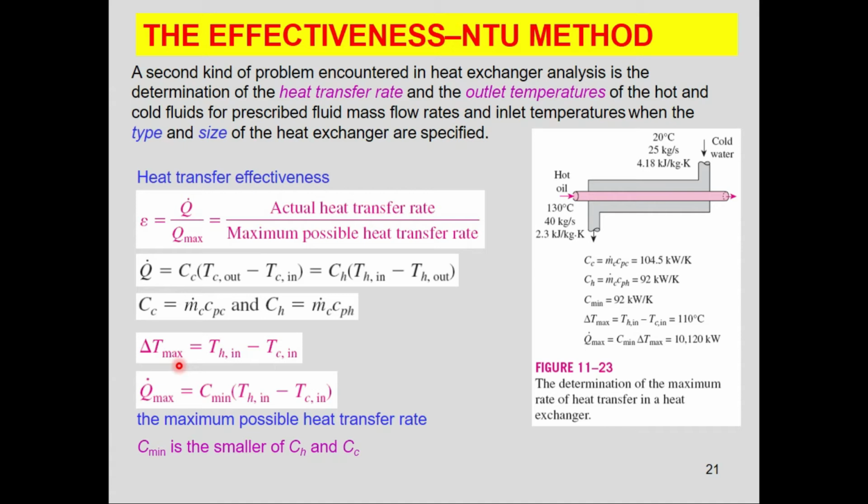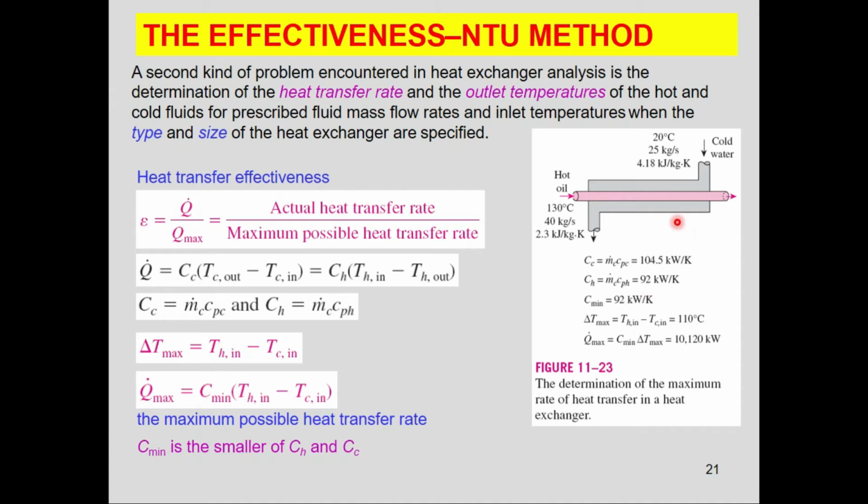When they are different, here is one important line: the maximum possible heat transfer rate is only possible when we have the smallest value of the heat capacity rate. And I will explain it with an example.